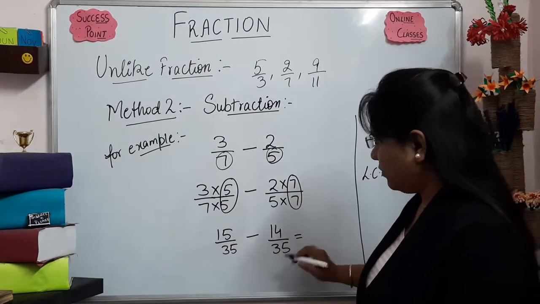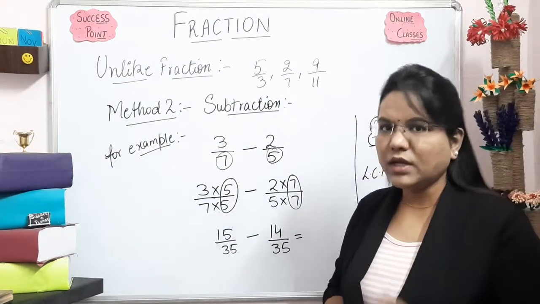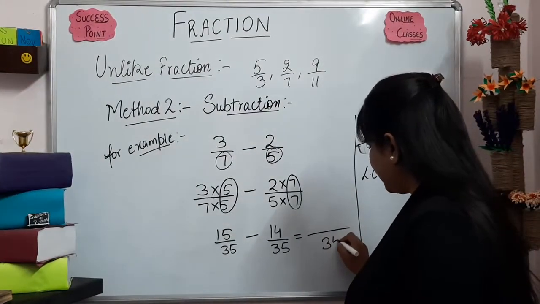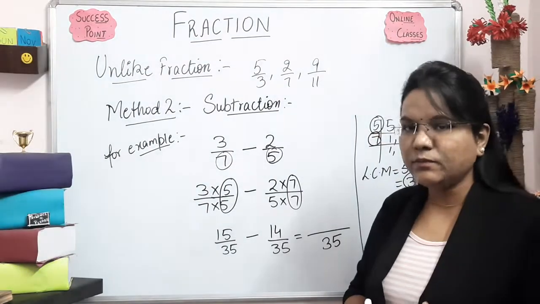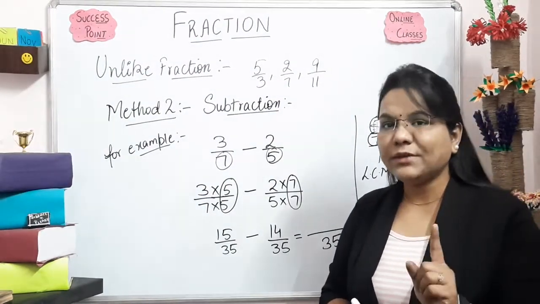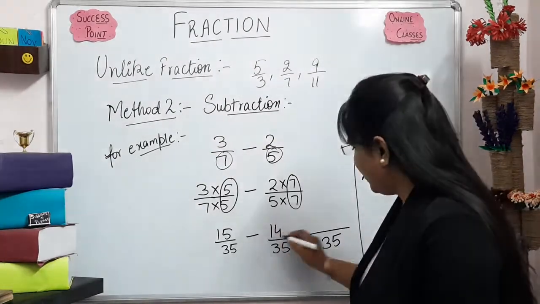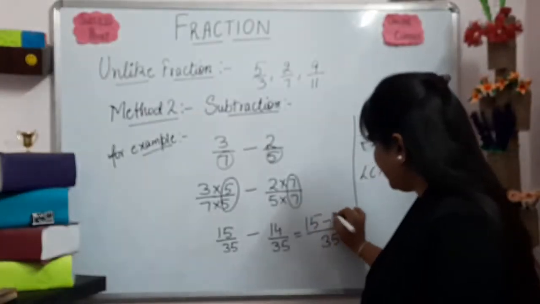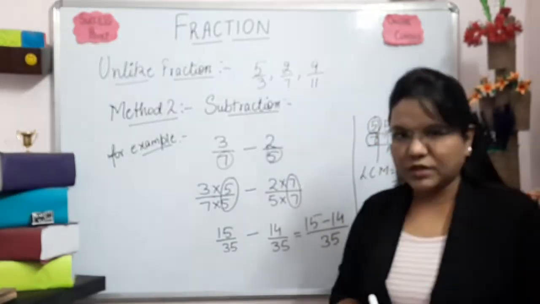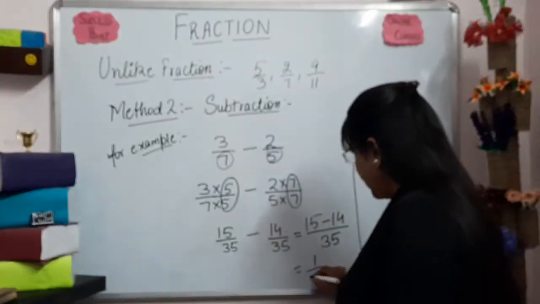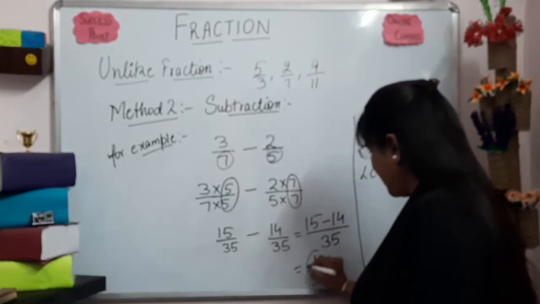Now we just have to perform the subtraction. As we know, the denominators are the same, so whenever we get the same denominators, we write it only once. So we write only the numerator part, 15 minus 14. What will be the answer? 15 minus 14? Yes. We get the answer as 1 by 35. This is our answer.